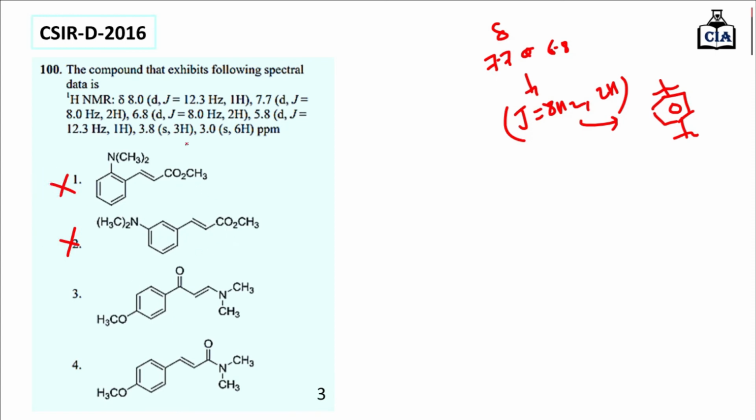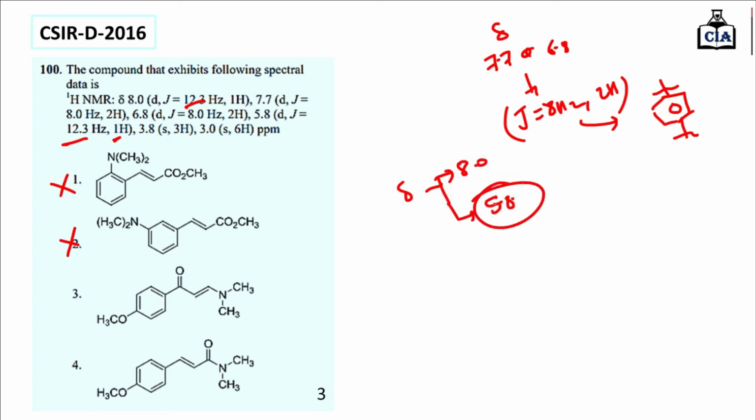Now if you look at the next point, the J value equal to 12.3 for 1H proton. So this is 12.3 for 1H. So the delta value is at 8.0 ppm and the second at 5.8 ppm.